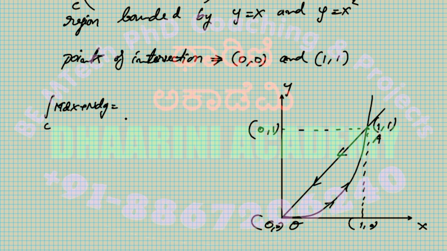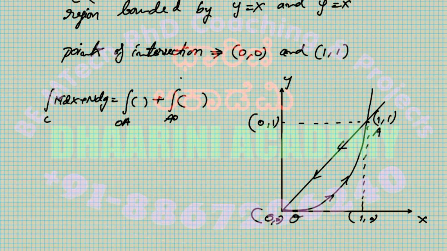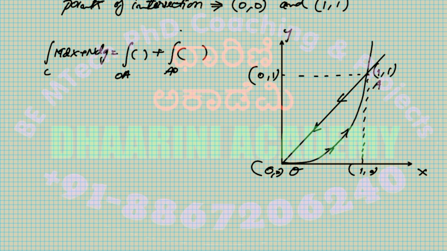In this case, we'll split this into integral over OA plus integral over AO. Same thing, anyway. I'll save some time by skipping that part. Now let's directly go to, so we'll equate this is equal to I1 plus I2.